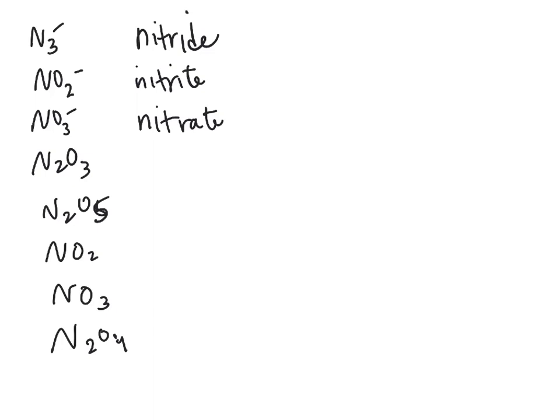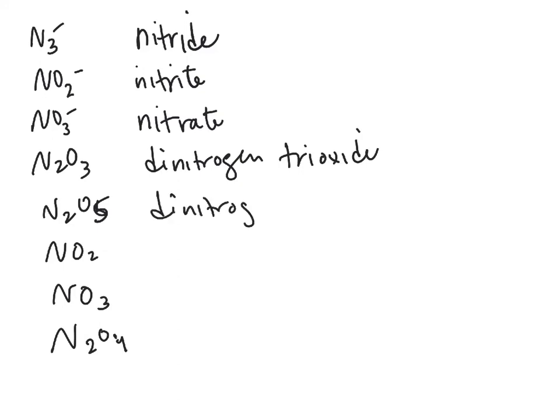This next one is between 2 nonmetals, so it's dinitrogen trioxide. Then you have dinitrogen pentoxide. You leave the A off the penta.